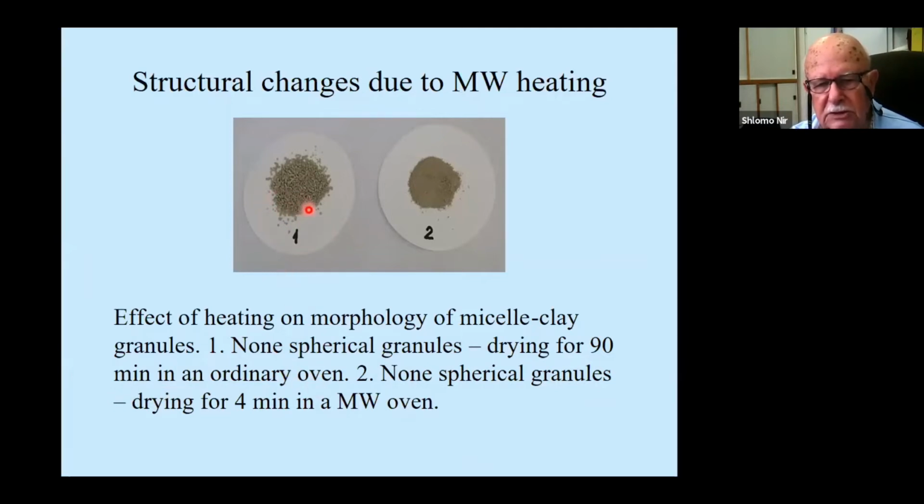No change in structure occurred. But heating for 4 minutes in a microwave oven whose power was smaller than that of the oven completely destroyed the structure of the granules.